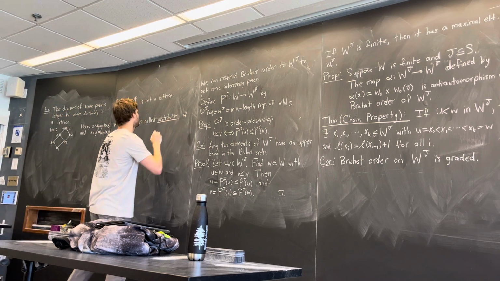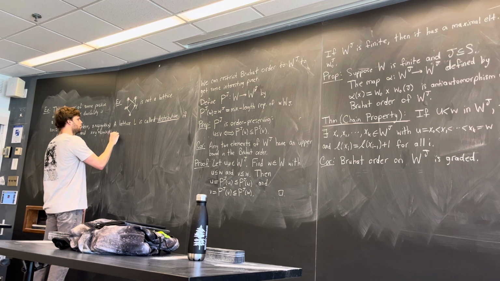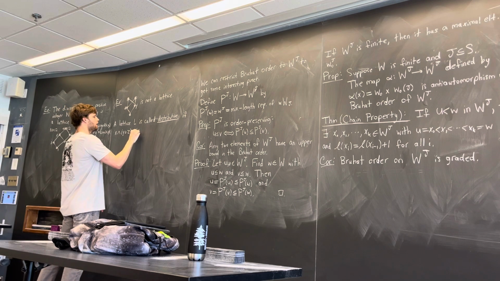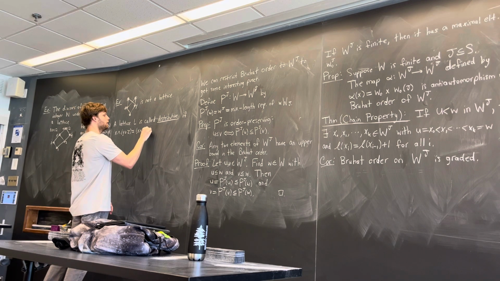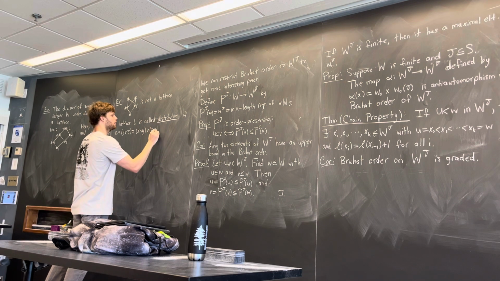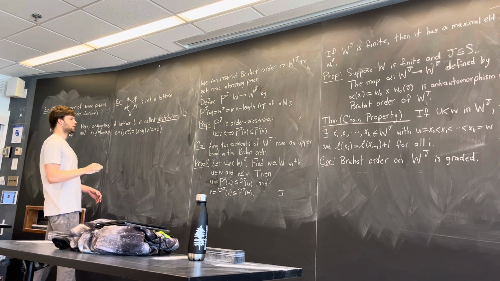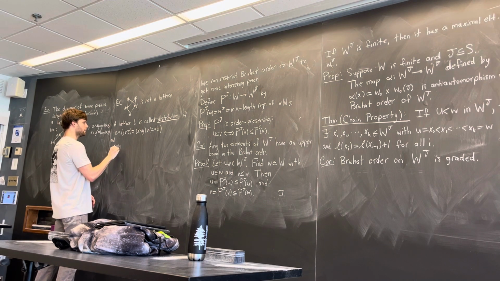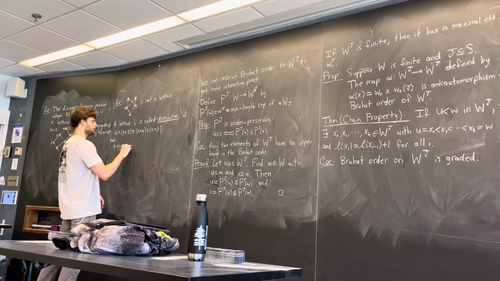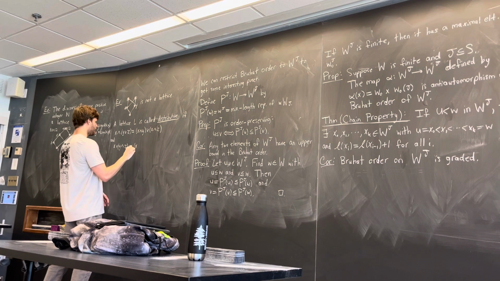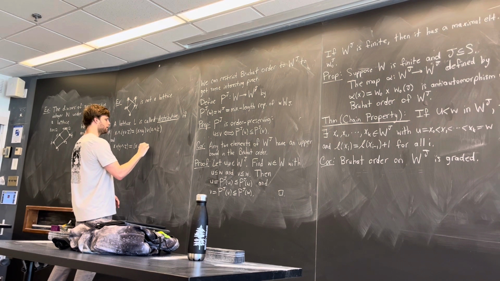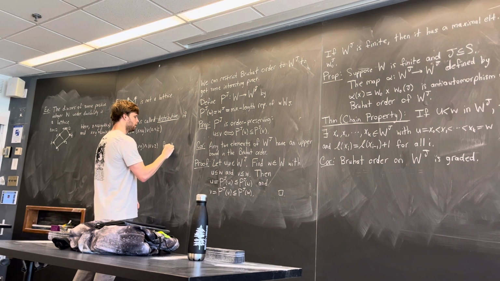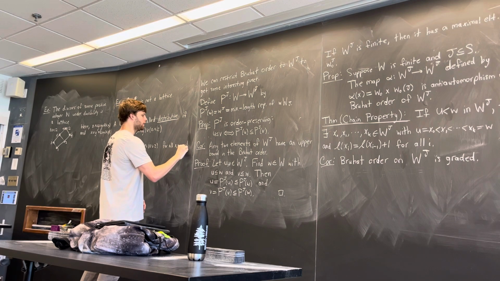So if we always have x meet (y join z) equals (x meet y) join (x meet z), and x join (y meet z) equals (x join y) meet (x join z) for all x, y, and z in the lattice.